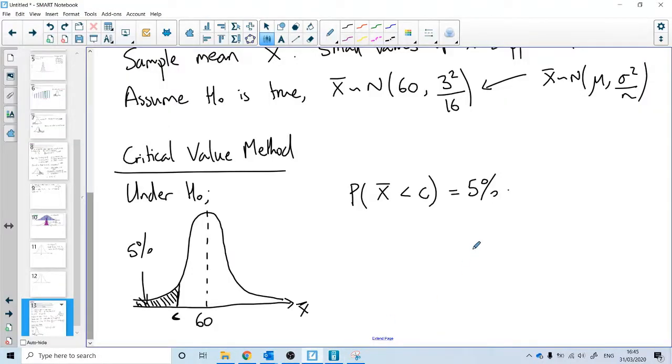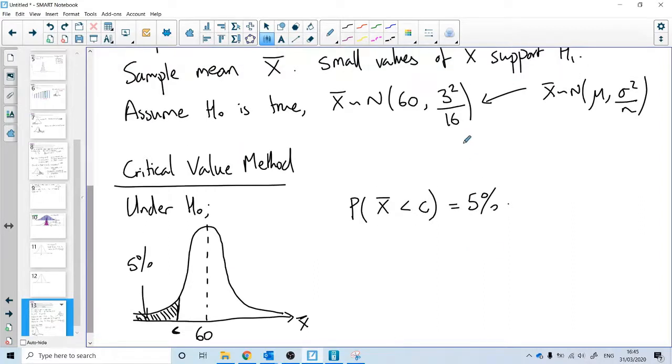Sigma is the standard deviation. So we've got to be really careful here. This here is the variance of x bar. So the standard deviation of x bar, which is what our calculator wants, is going to be the square root of this thing here.